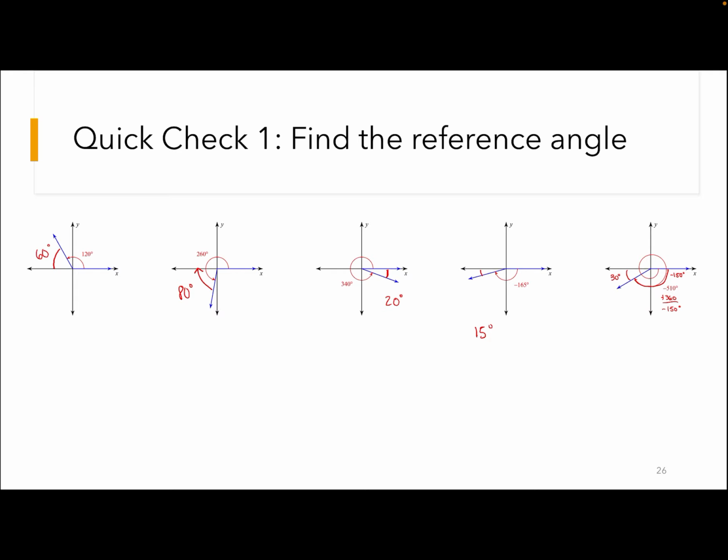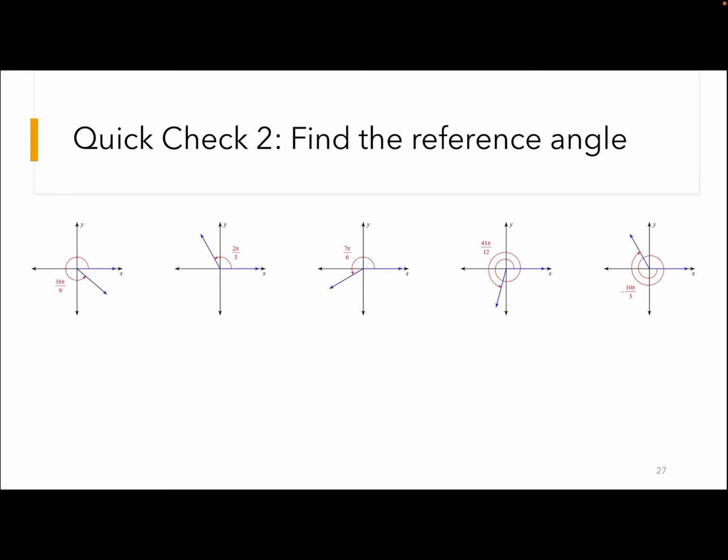Now in radians, I'll see if you can come up with a trick for doing this. Here it is. So pause the video and see if you can come back for the answers. All right, so if you're rejoining me, 16 pi over 9. Now the reference angle is the difference between this angle and the angle here. So that's going to be 2 pi. So 2 pi minus 16 pi divided by 9.